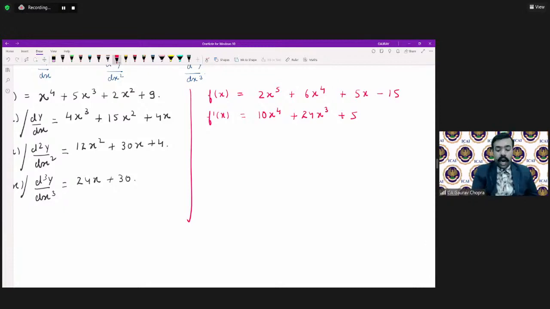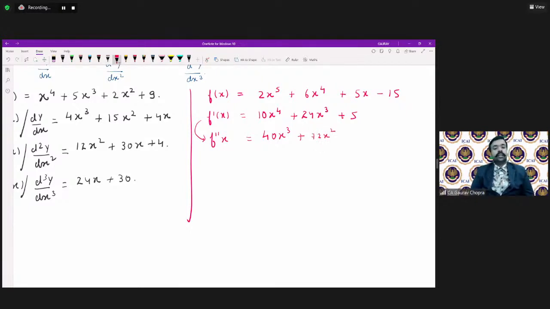Now, whenever we are asked to find out the second or the double derivative, that means we have to find the derivative of the derivative. We have to find the derivative of f dash x. So what will be the result? 40x cube plus 24 into 3 is 72x square. All right.